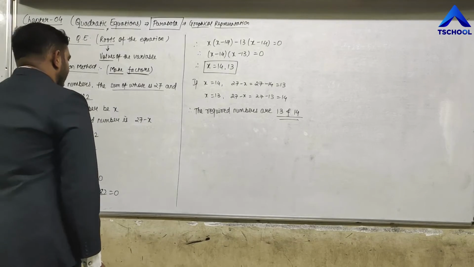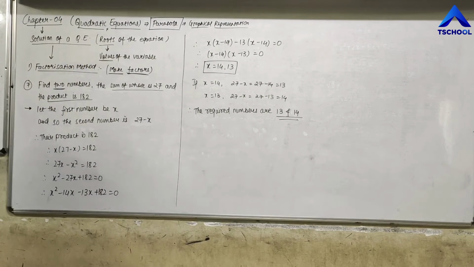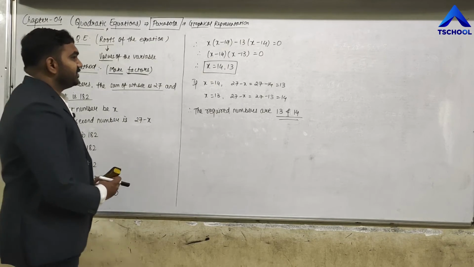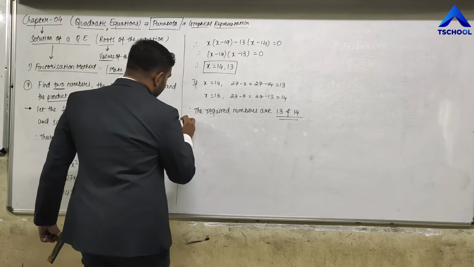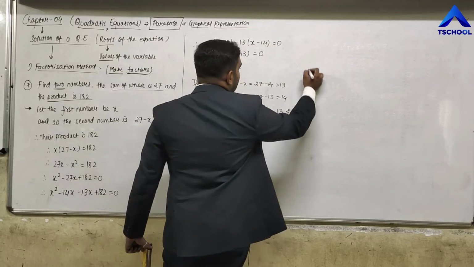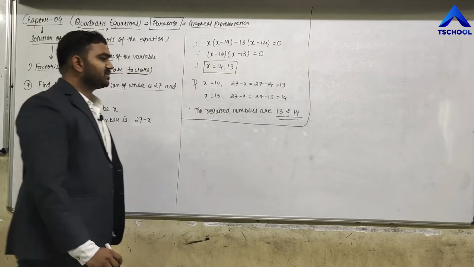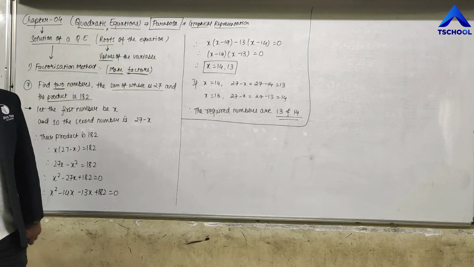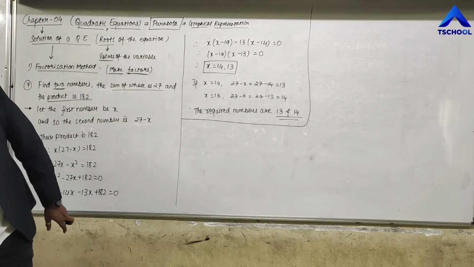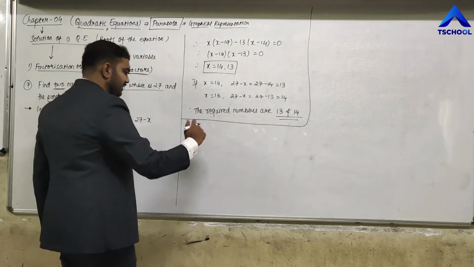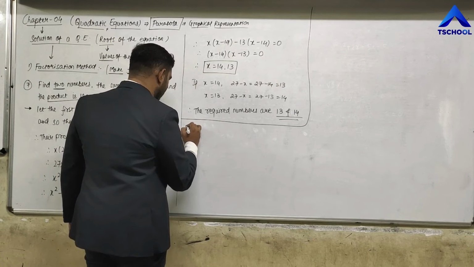Now, coming to one more question of the same kind. We have a question here: find two consecutive positive integers, the sum of whose squares is 365. That is the 8th one.